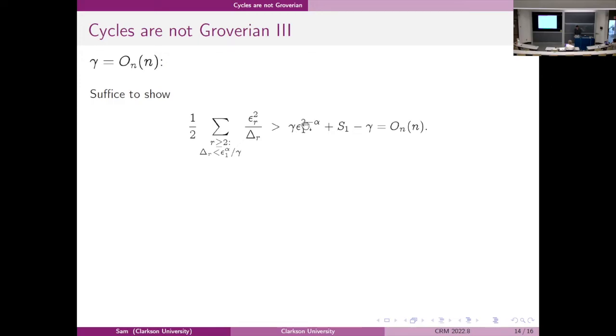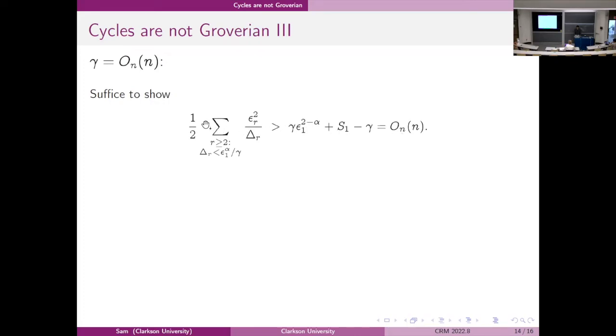So totally this first term is at most order n, and S1 by computation is of order n, and gamma by assumption is at most of order n. So the right hand side, these 3 terms, is totally at most of order n.